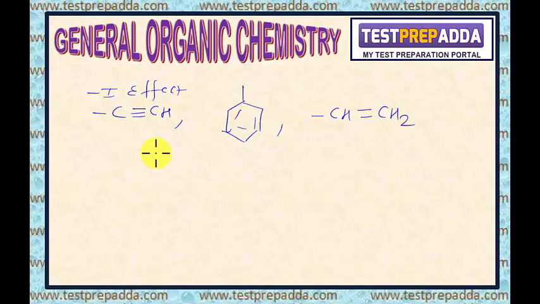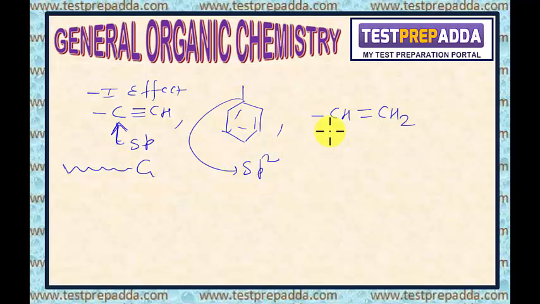Now, first of all, just find the hybridization of the carbon which will be directly attached with the chain. So, what is the hybridization here? sp. What is the hybridization of this carbon? sp2. What is the hybridization of this carbon? sp2. So, sp carbon, the electronegativity is highest. That is why its inductive effect will be the maximum minus I effect among these three.